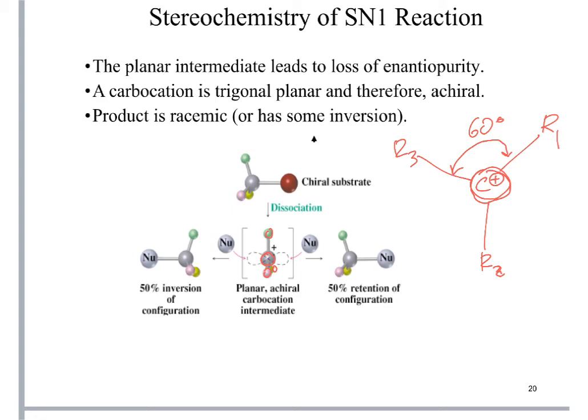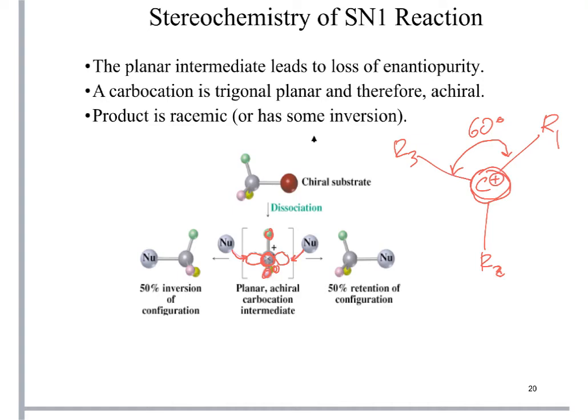So here's a sideways view. In the intermediate, we have a carbocation with the three groups in a flat arrangement, planar at the carbon, and the empty p orbital, the two lobes of the unhybridized p orbital protrude to the left and to the right. So since this is trigonal planar, the nucleophile can equally likely approach that empty p orbital from one side or from the other.